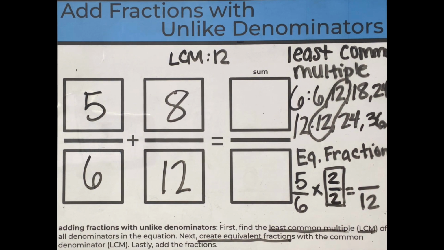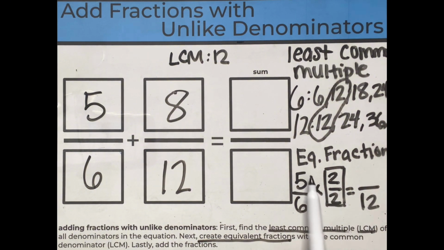When we create equivalent fractions, we take our original fraction and we multiply by a fraction that equals 1 whole. Okay, 2 over 2 is the same as 1 whole. So 6 times what gave you 12? Hopefully you noticed that it was 2 because you know your multiplication facts. And whatever you do at the bottom, you're going to do at the top. So the fraction that equals 1 whole is 2 over 2.